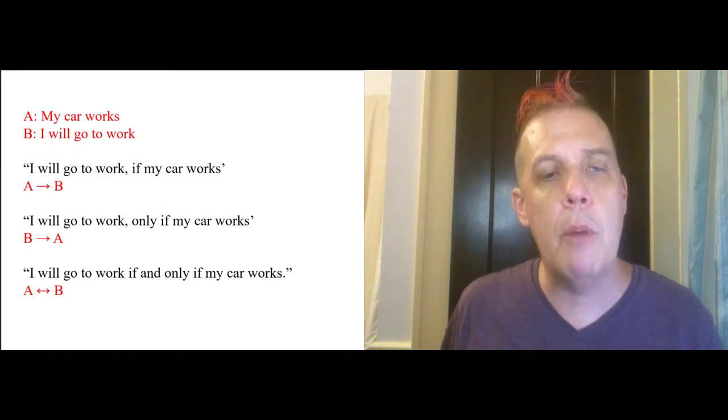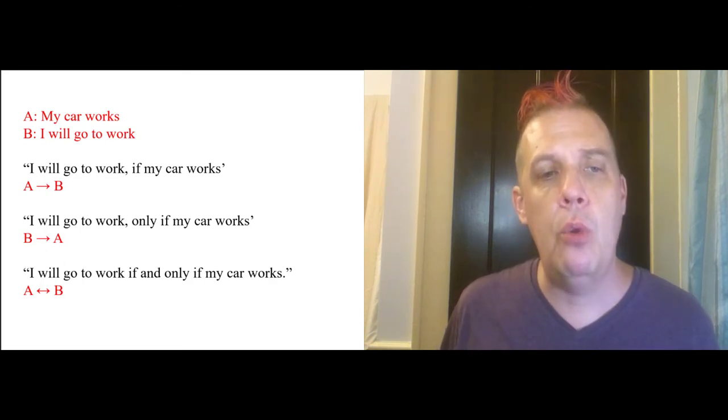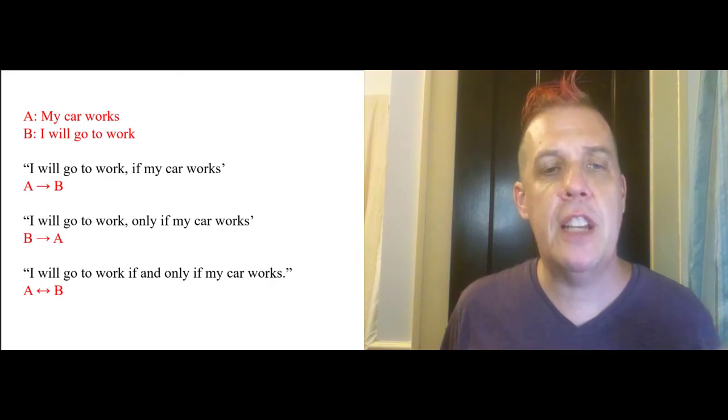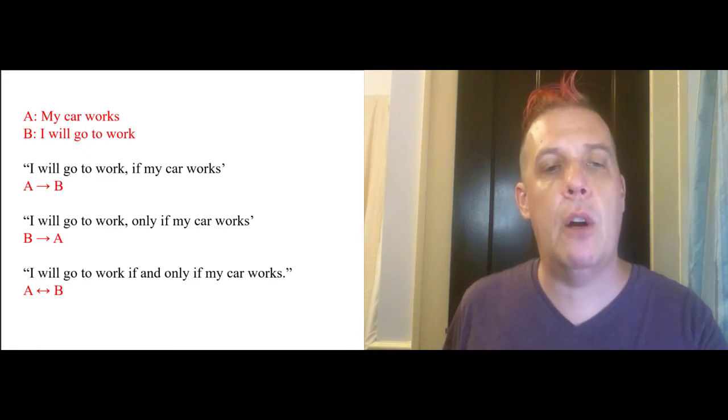In order for me to get to work, it has to be the case that my car has worked. So only is B, arrow, A. You put the if together with the only if, and you get if and only if. I will go to work if and only if my car works. That is A, double-headed arrow, B.